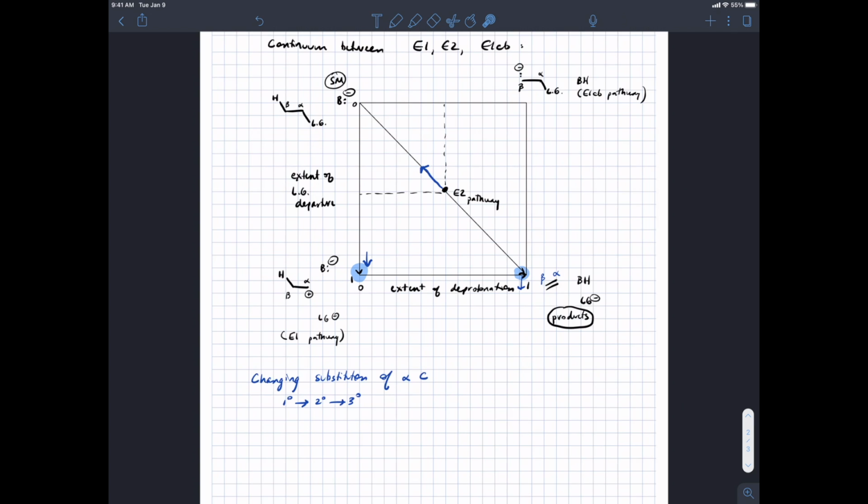How about, what should the extent of deprotonation, I'm sorry, what should happen with this lower left-hand corner? What should be the response of the transition state to that part going down?